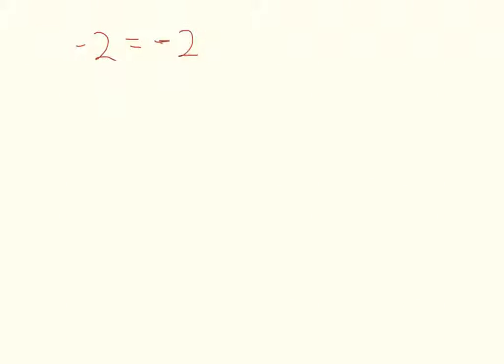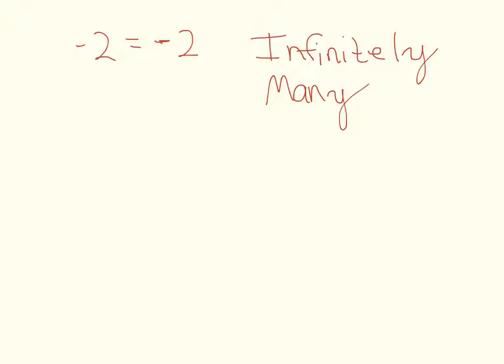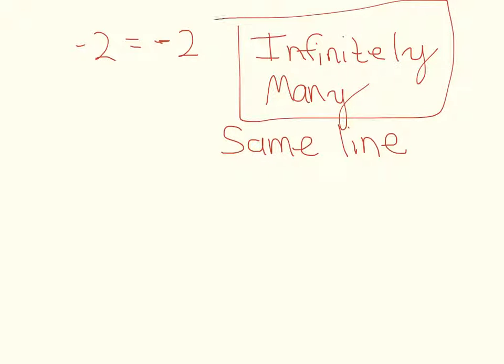Well, same thing that kind of happened to us before. This means that there are infinitely many solutions to this. Okay, and really what it means is that you have basically the same line. It turned out that your two equations that you used were actually equations for the same line. So if you end up with a true statement at the end, you have infinitely many solutions.